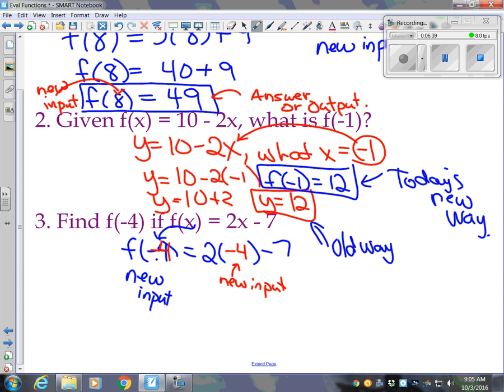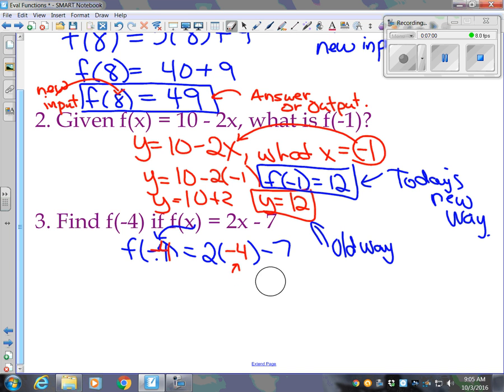No. But if I saw f of negative 1 equals 12, I would know I used a negative 1 to get that answer. So I'm just trying to make sure that you understand this is a new way of looking at functions or equations, but you're not doing anything totally brand new. I'm putting a number in for x and I'm solving it.